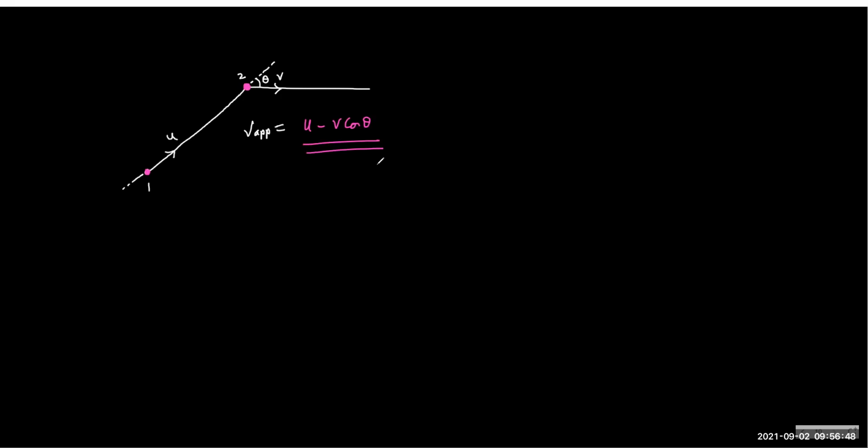Do you realize this? Understood? Yes. It doesn't matter if u is faster than v, but if u is less than v cos theta, then it will be negative, which means it's separation. What I said is approach and separation are only different by sign.